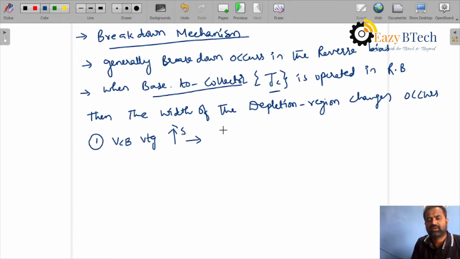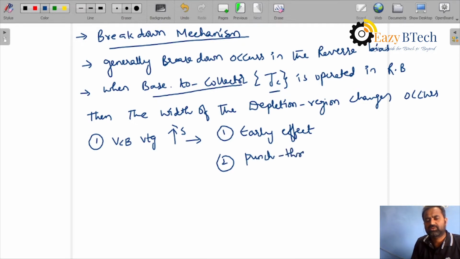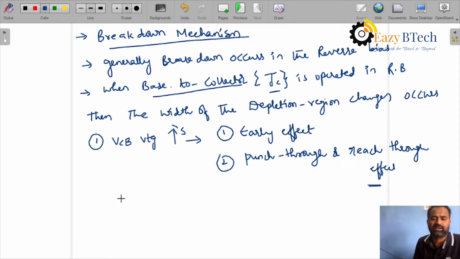One is the early effect, and the second one is punch through or reach through effect. You will see these two parameters very clearly, due to the VCB voltage increasing.